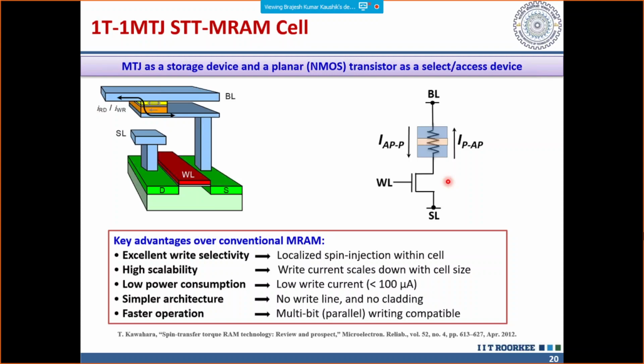When you talk about the architecture, it's really very simple. It has no write line or cladding. And when you go further into faster operations, they also have multi-bit writing compatibility, so you can write multiple bits simultaneously. That is what I was talking about.